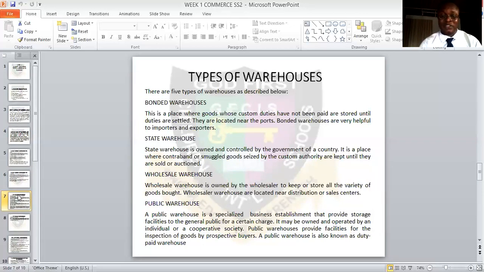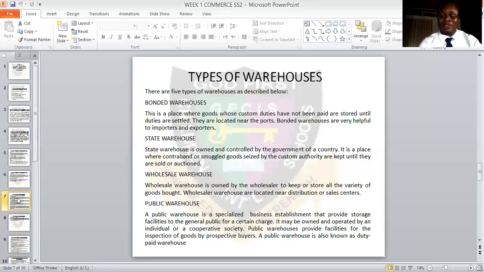So you have to pay tax on the goods that you store in any warehouse. Until they settle these duties, that is only when you can see that it is a bonded warehouse. And bonded warehouses must be located near the ports, very close to the ports.